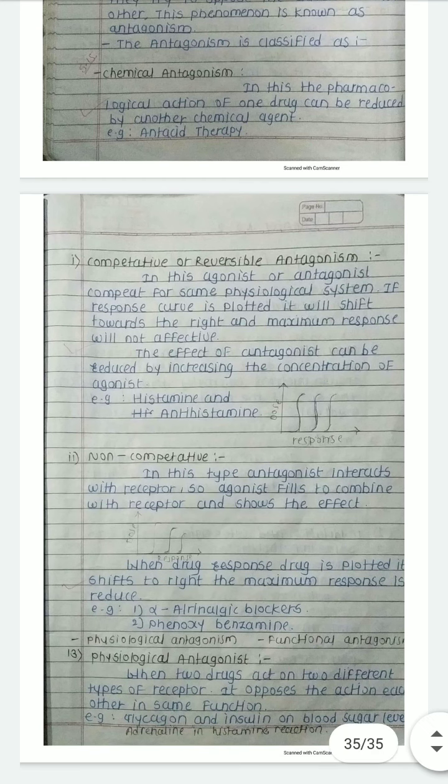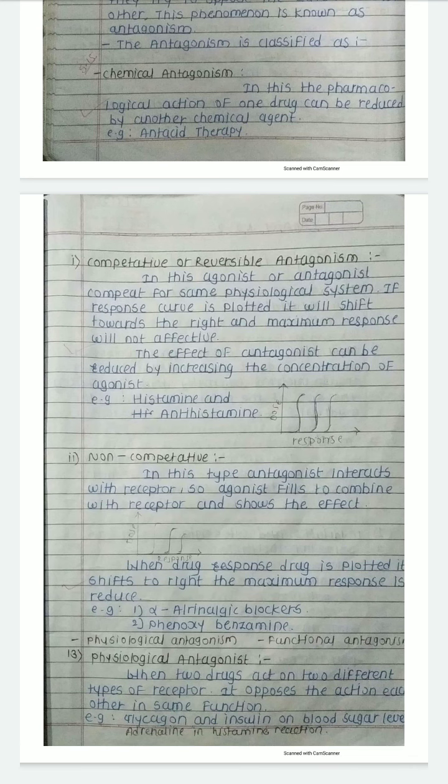Next is physiological antagonist. When two drugs act on different types of receptor, they oppose the actions of each other in the same function. For example, glucagon and insulin work on the same phenomenon and are used for the same types of conditions, like blood sugar level.